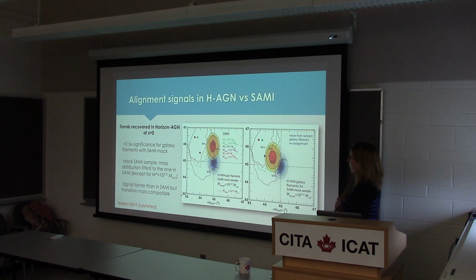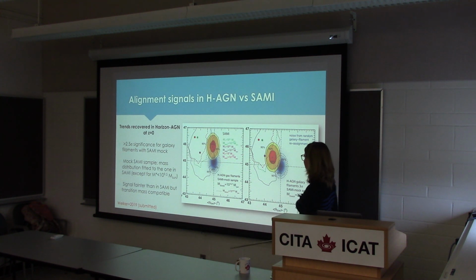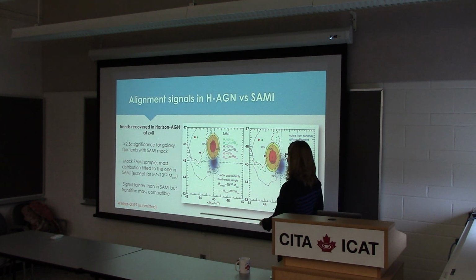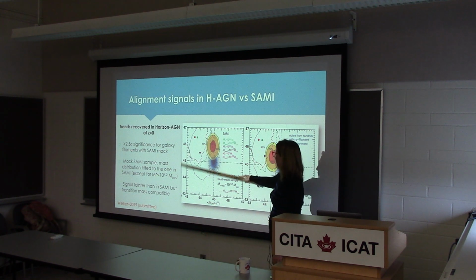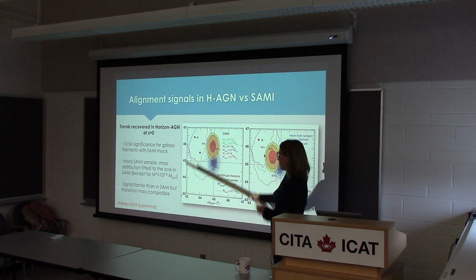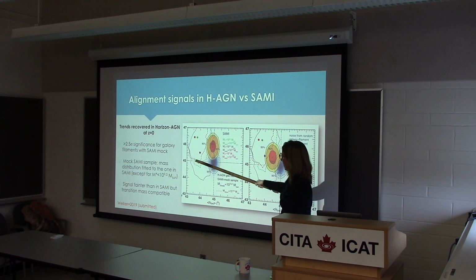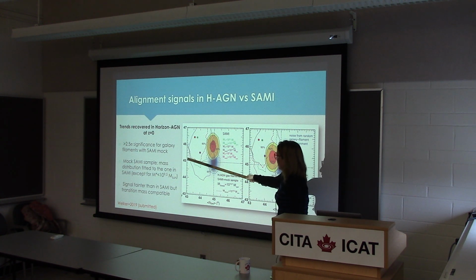And we did recover at z equals 0 a similar signal in Horizon AGN. So this is similar to what we had before. Here you have the average angle for the sample of galaxies over the mass threshold, and here the average angle for a sample of galaxies below the mass threshold. So what you want is that this one be aligned and this one be orthogonal.